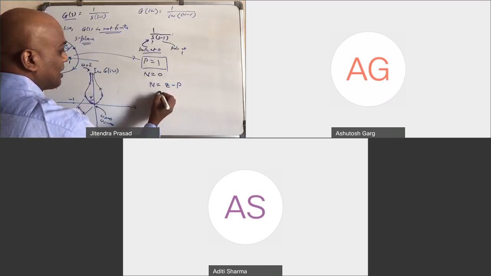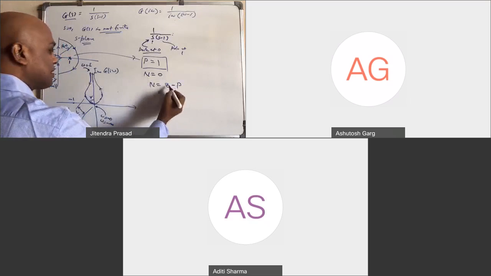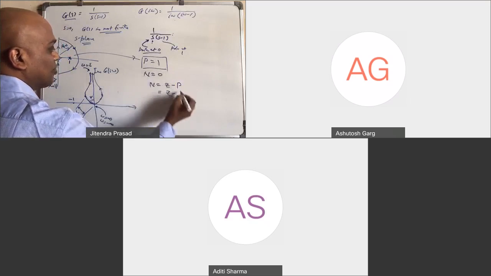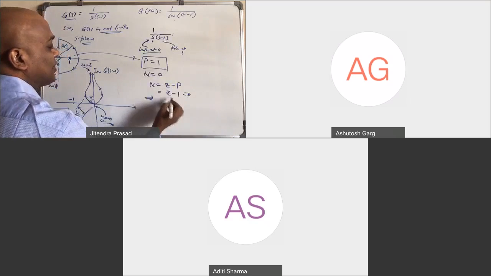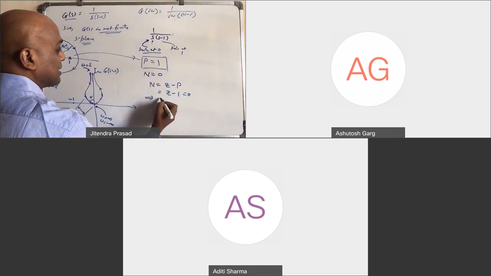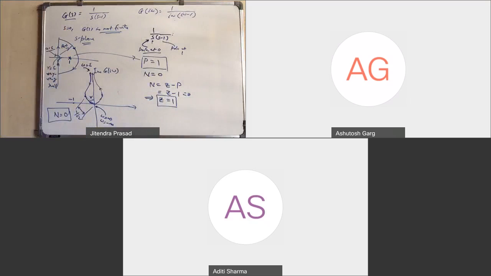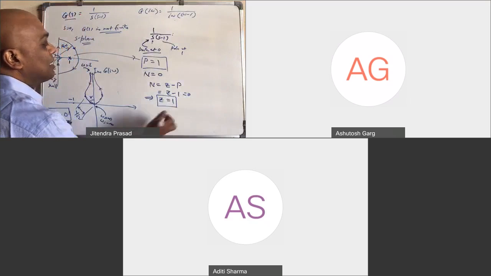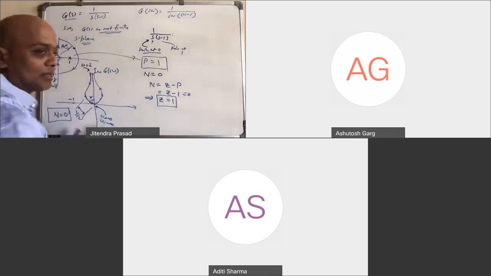And from here, we don't know Z, but N is equal to 0. That tells you that Z equal to 1. That tells you simply that there is one zero inside this one.